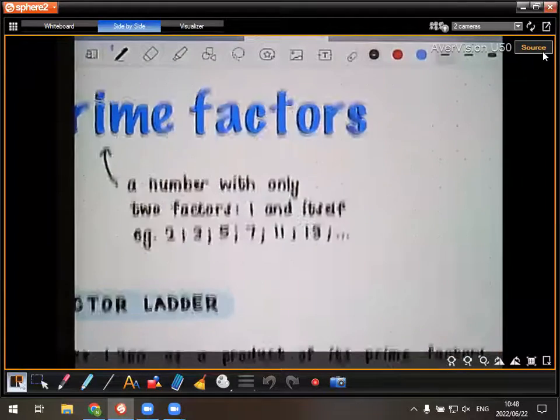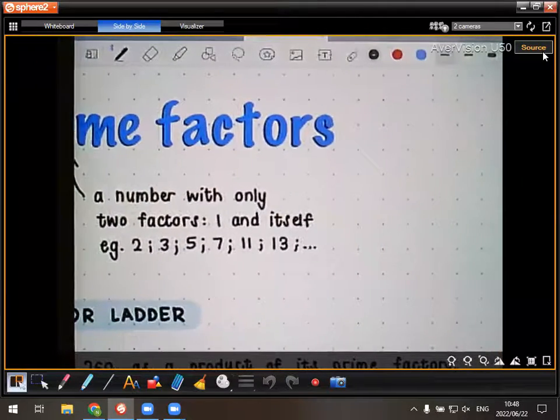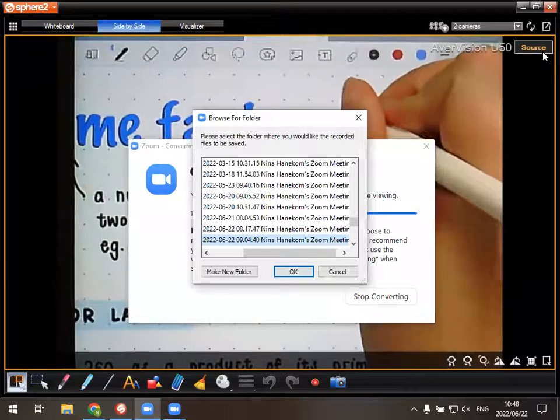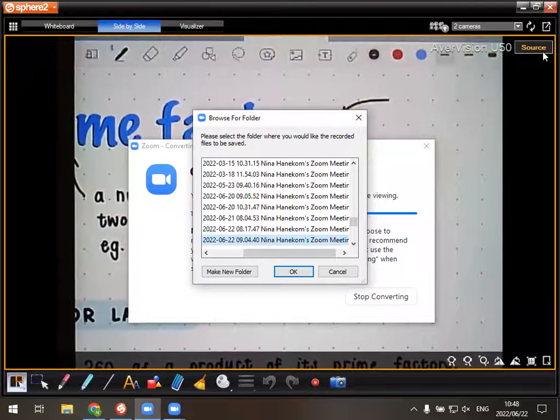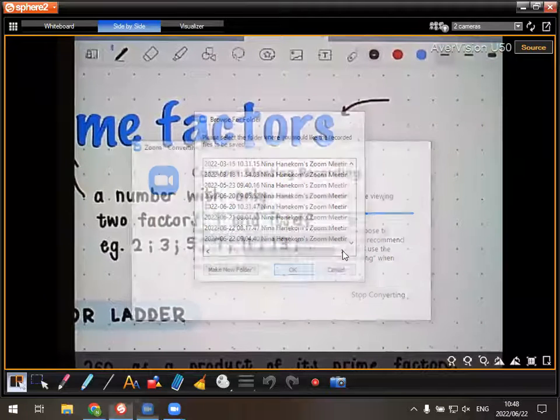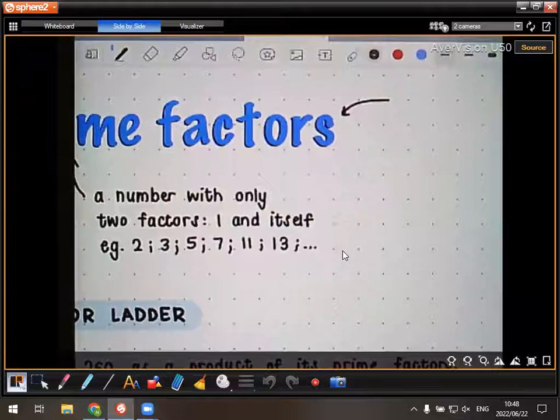What does the word factors mean? A factor. What is a factor of something? How would you describe it first? Yes, okay, so I agree with what you're saying. I'm just going to change the wording slightly. It's a number that can divide into another number, right?